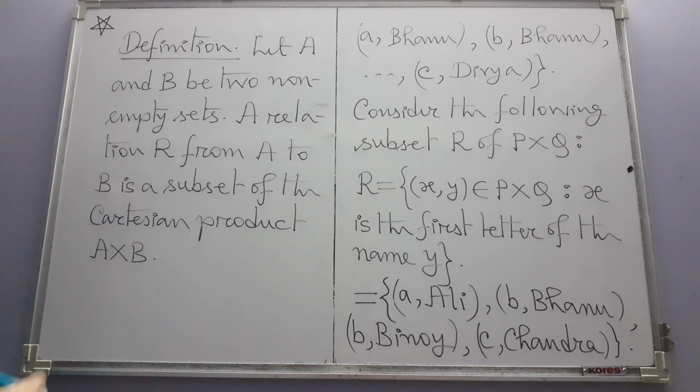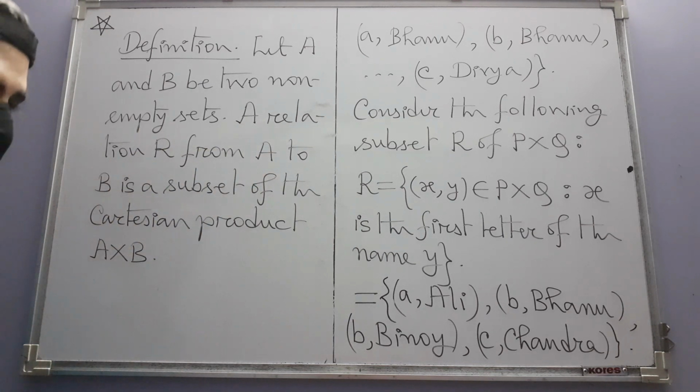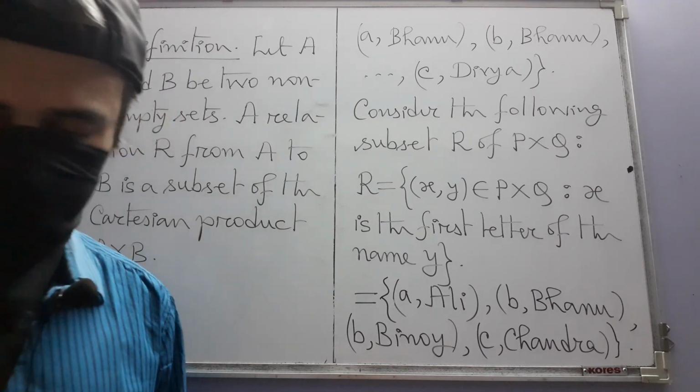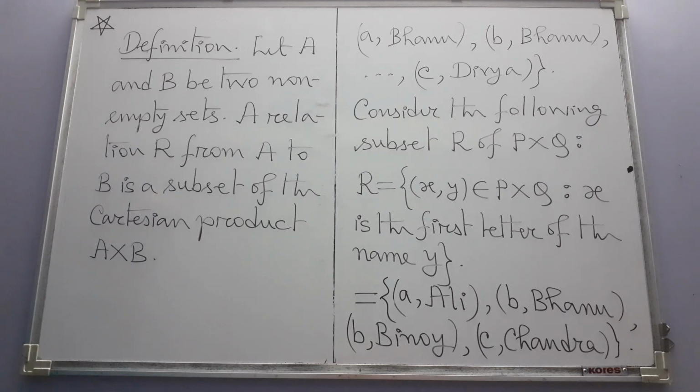Okay. Any subset R of this Cartesian product A times B is said to be a relation from the set A to the set B. Okay.